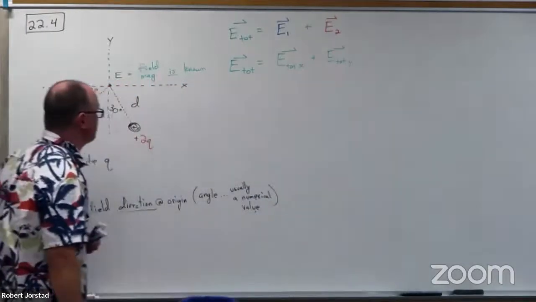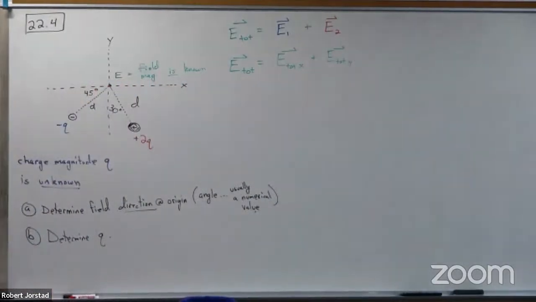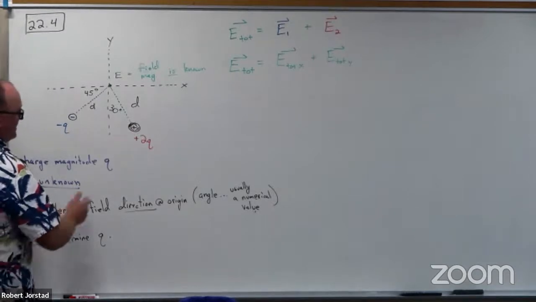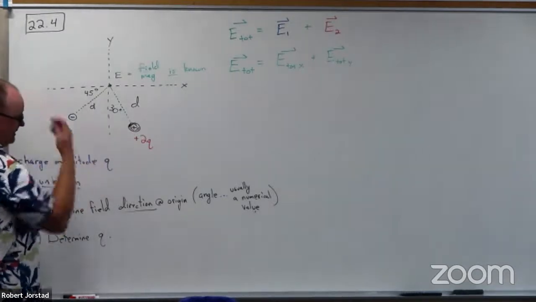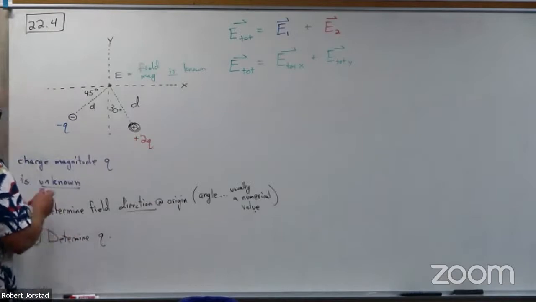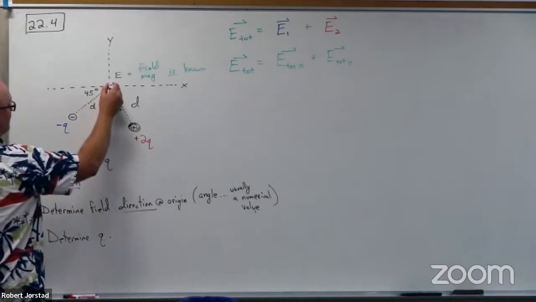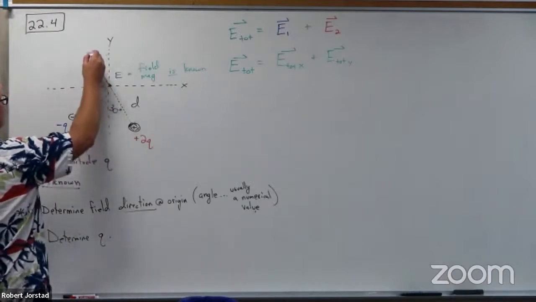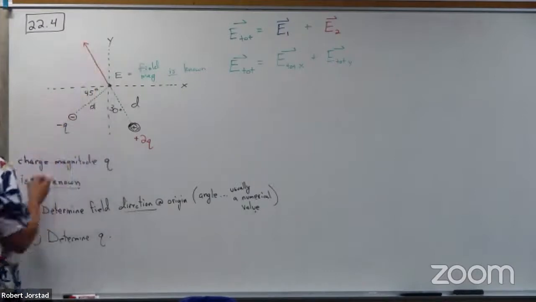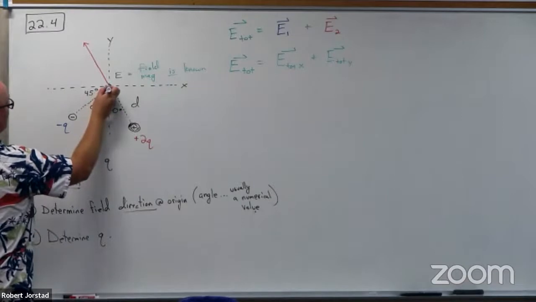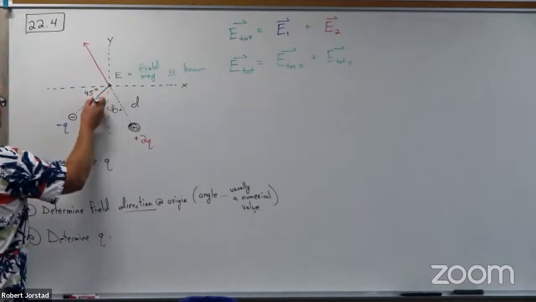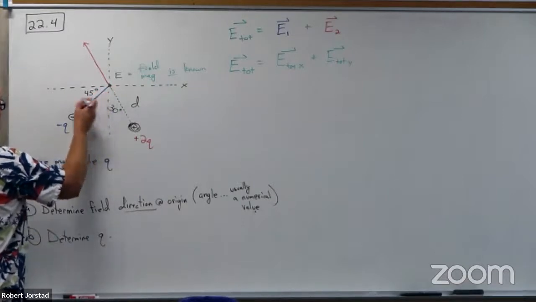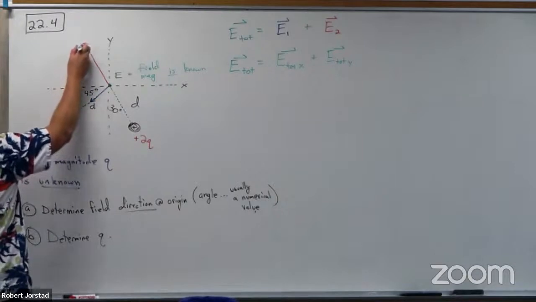Right? Maybe let's try to think it through. These charges are the same distance away, but this one is twice as big. So in this case, I expect at the origin, that arrow and this one half as big. Well, in this case, I could do a parallelogram rule.